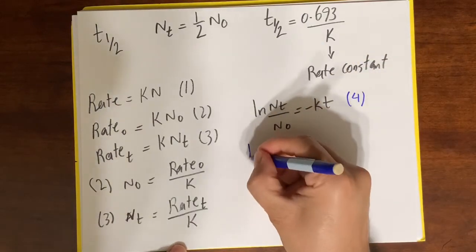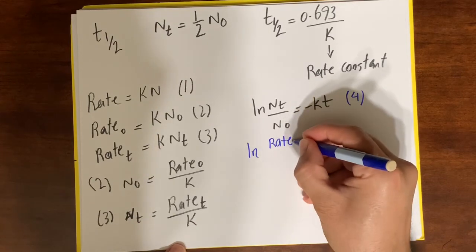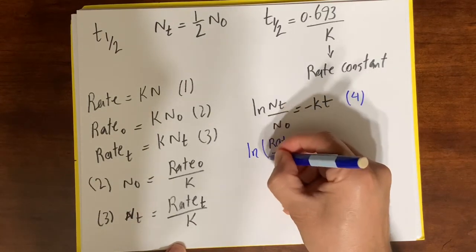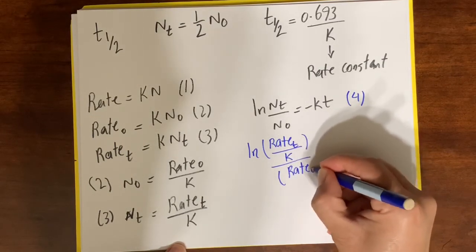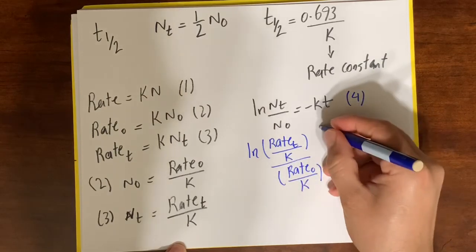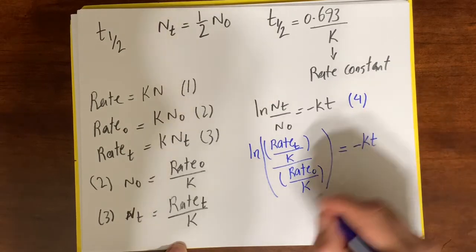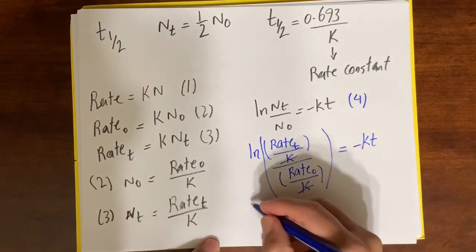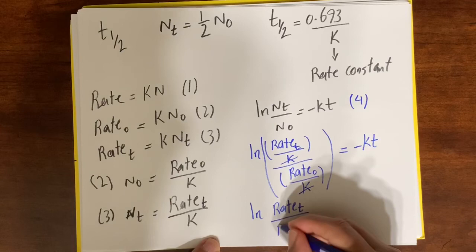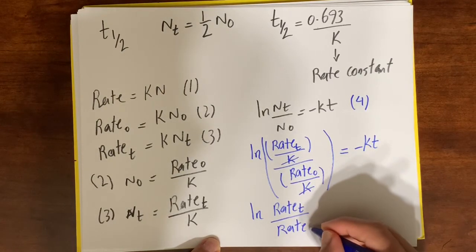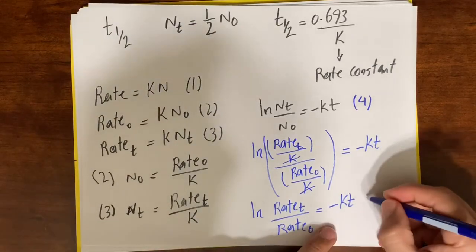Fit into number 4, we get ln of rate T divided by K, divided by rate 0 divided by K, equal to minus KT. You cancel K by K, you get ln of rate T divided by rate 0 equal to minus KT, and I'm going to call it 5.